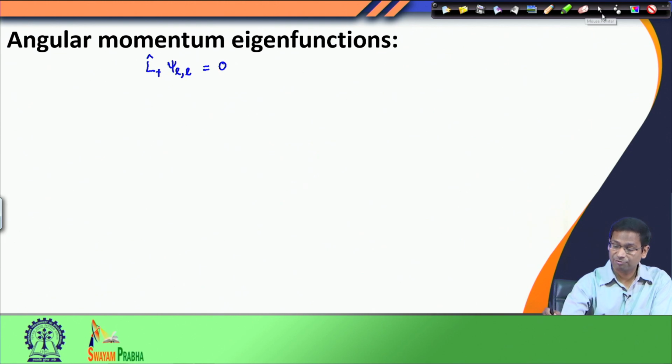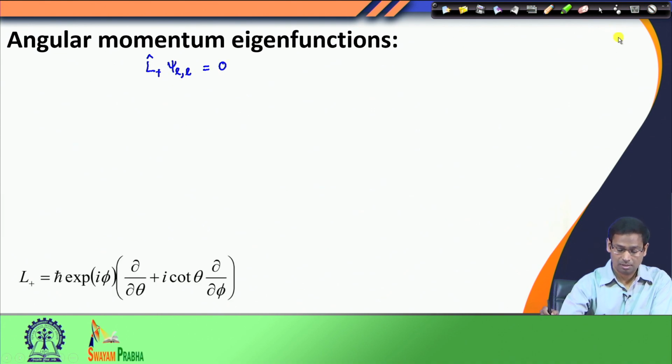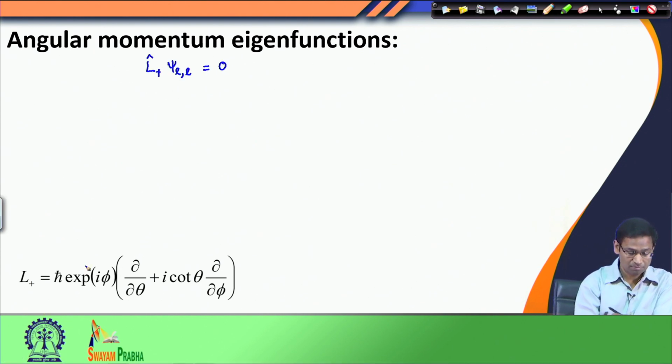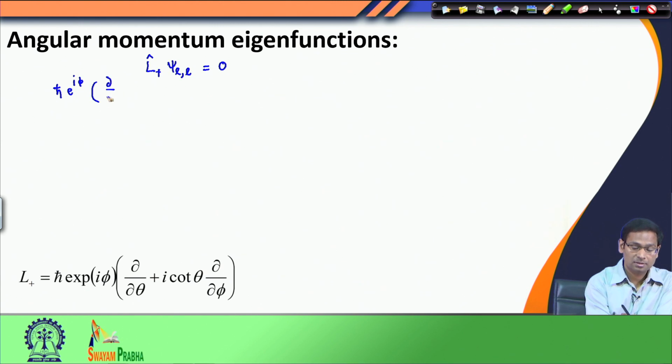Now, what is the functional form of L plus? The L plus functional form is given here. So, I would now use this form. I will write h bar e to the power i phi, d by d theta; these are partial derivatives because now I am dealing with two different variables, one is theta and another is phi, plus i cot theta d by d phi.